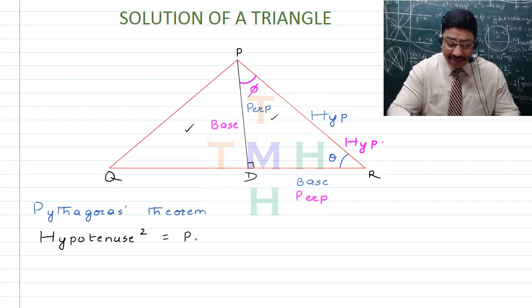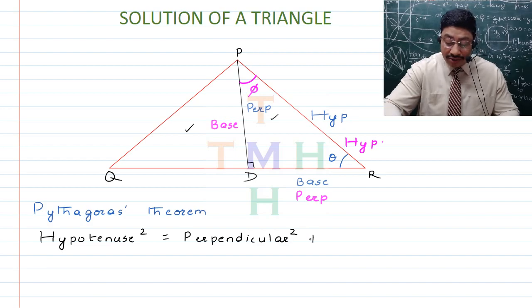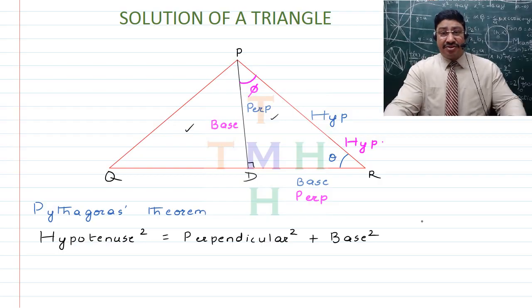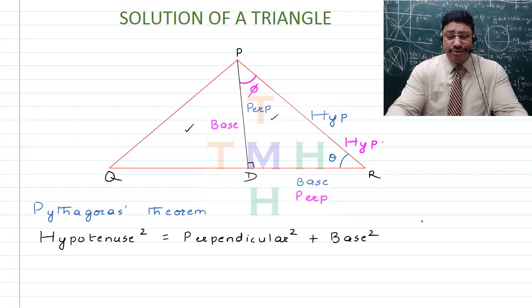And here we have the other two sides to be the perpendicular, squared, and to it is added base squared, right? So this is the Pythagoras theorem, which applies to a right angle triangle, and we'll be using it every now and then to find out one of the unknown sides, right?